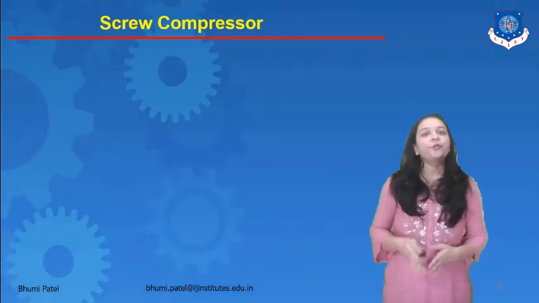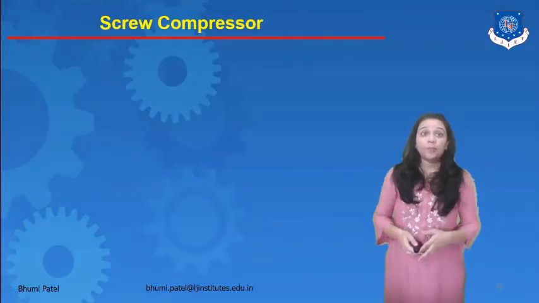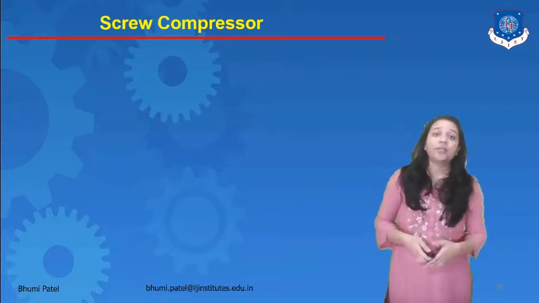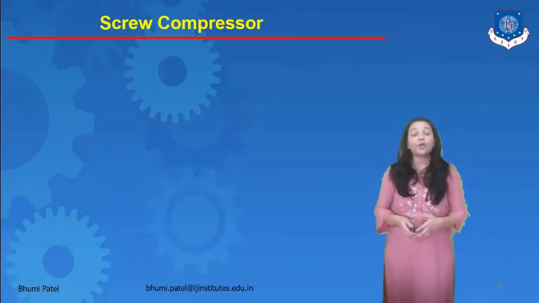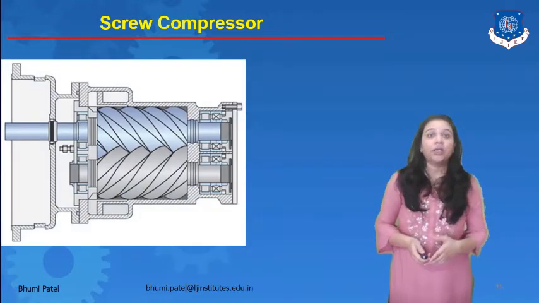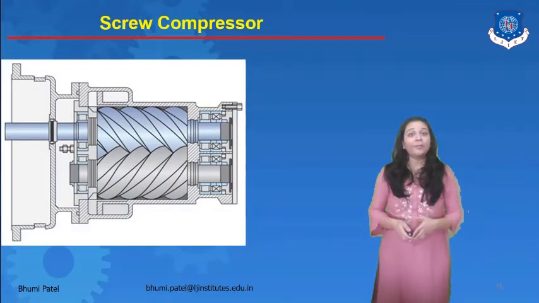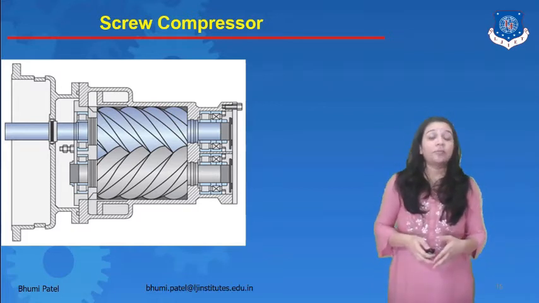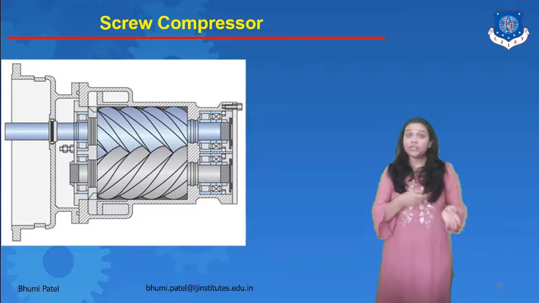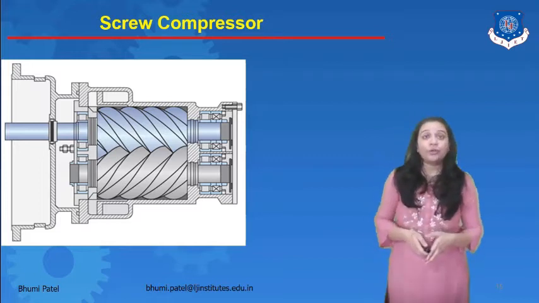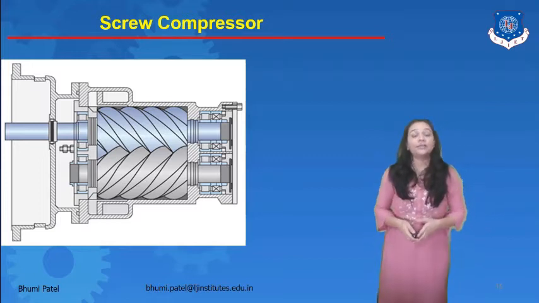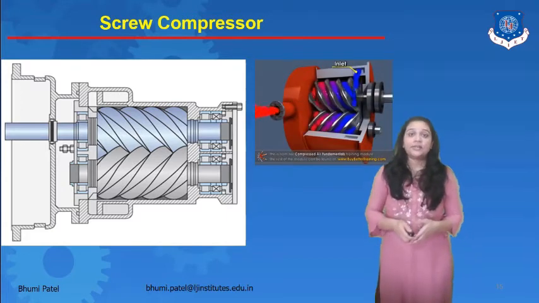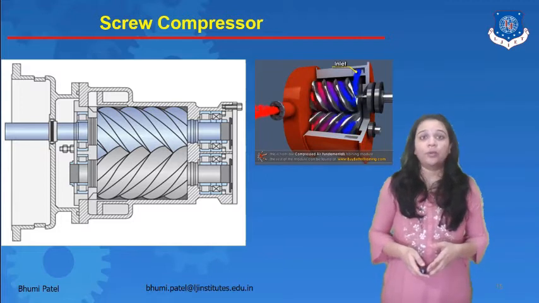In today's session, we will study the screw compressor. The screw compressor is a type of rotary compressor. This is the mechanism or diagram of the screw compressor. The actual mechanism looks like a screw, so this type of compressor is known as the screw compressor. This is the actual working of the screw compressor.